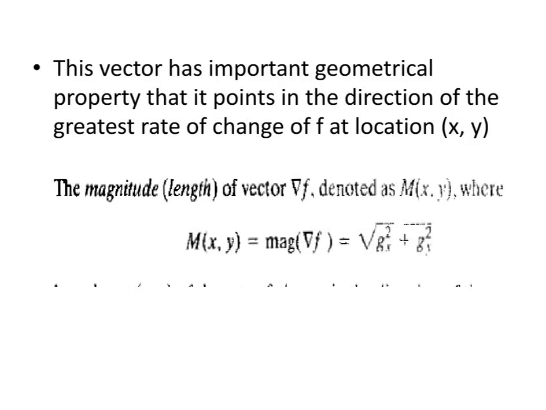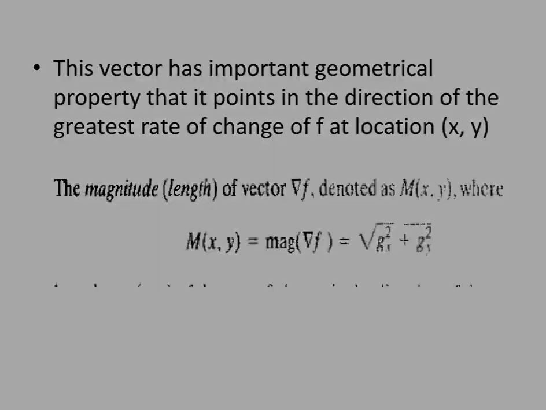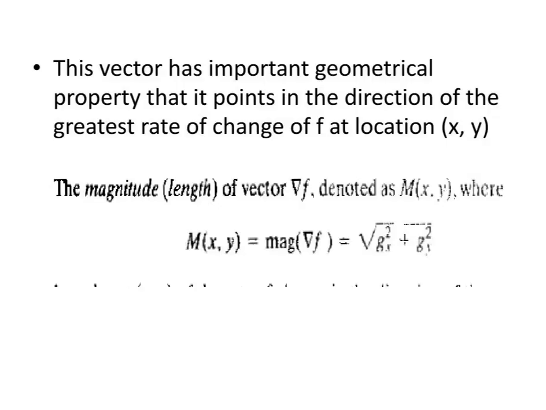The magnitude, that is the length of the vector del f, is denoted by M of x comma y, where M of x comma y is equal to the magnitude of del f, which is equal to the square root of gx squared plus gy squared. This is the value at x comma y of the rate of change in the direction of the gradient vector.